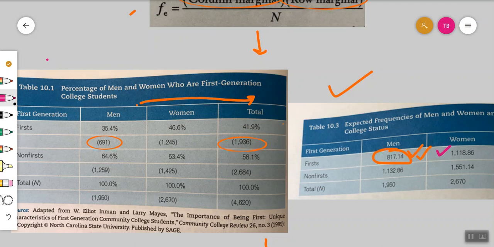So we want to look in first generation, and we want to look in a women's category. So we're looking here. We're looking there. And so we want to take the marginal. So it's going to be this one again. That's going to be the number 1. And now we're going to go down here. The marginal here is this one. That's going to be number 2. And this is always going to divide it by this one, number 3.